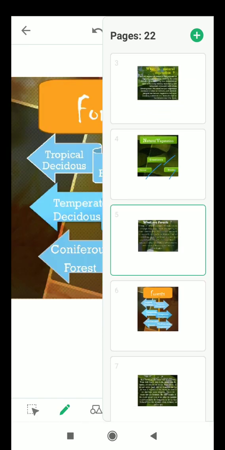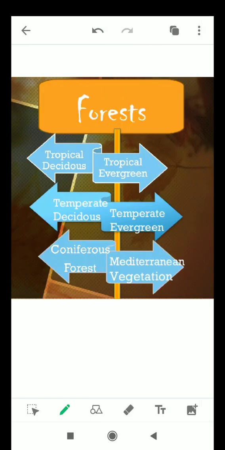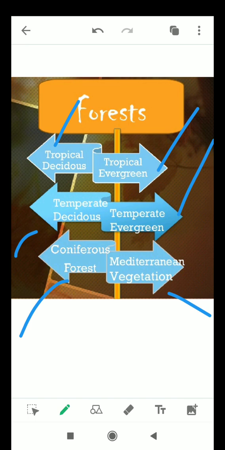And these forests are divided into different kinds: tropical deciduous, tropical evergreen, temperate deciduous, temperate evergreen, coniferous forest, and Mediterranean vegetation. So let us discuss them one by one.